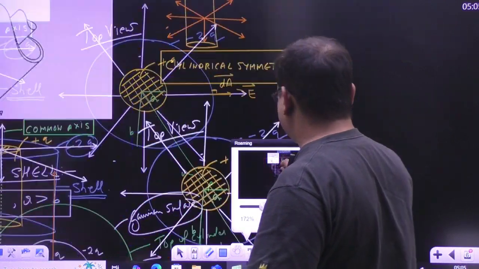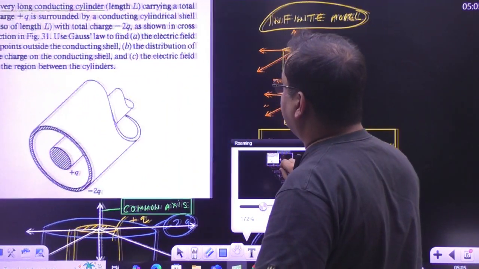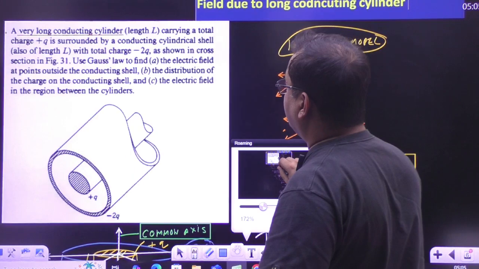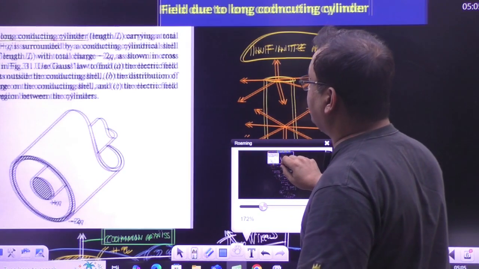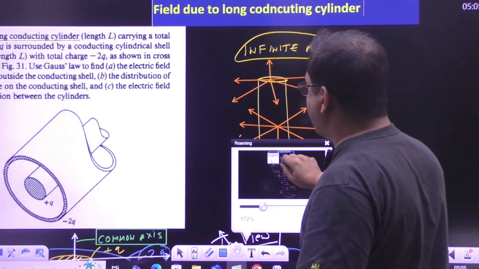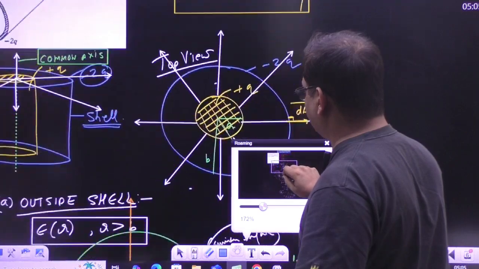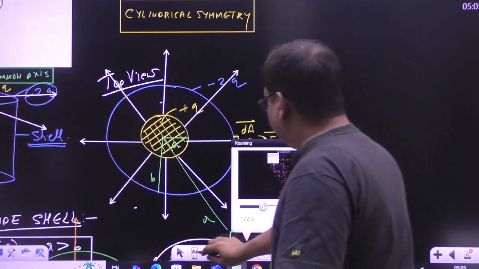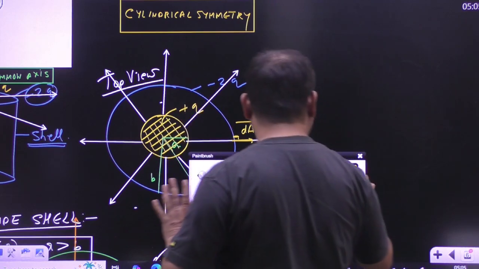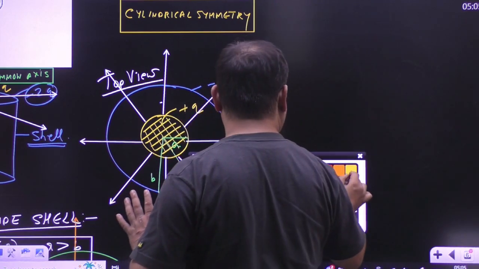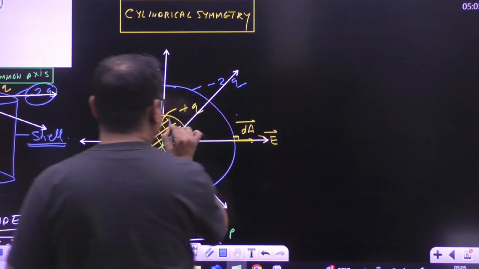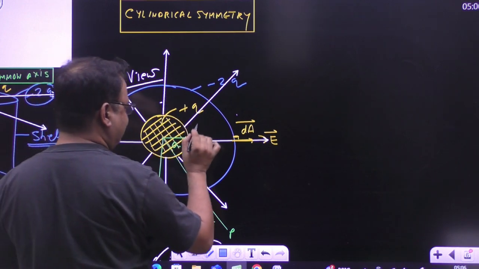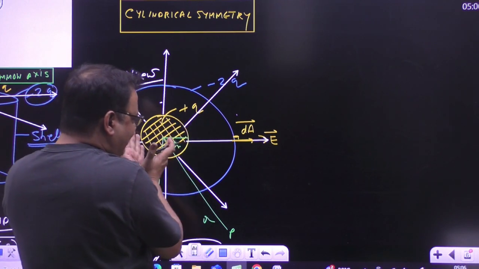Part B is: for all points outside, the distribution of the charge on the conducting shell, how the charge will be distributed. Now we have seen the fundamentals of how the charge gets distributed. Remember, since this is a conductor, induction will take place. So the inner cylinder has a charge of plus q, and it is symmetrically located.